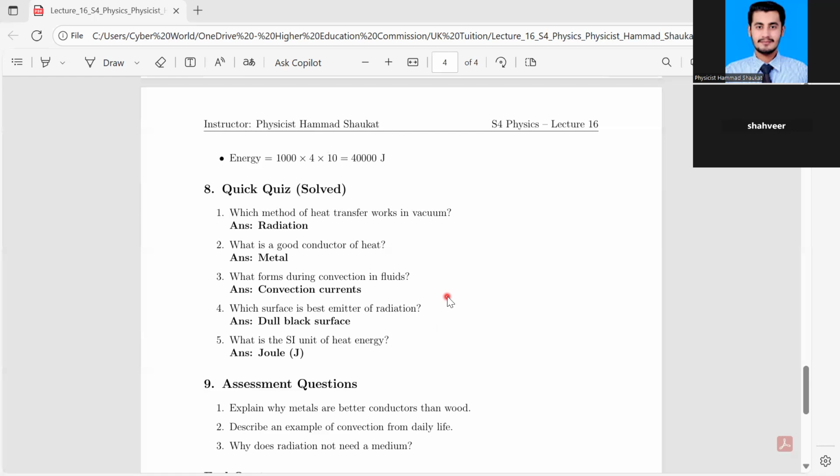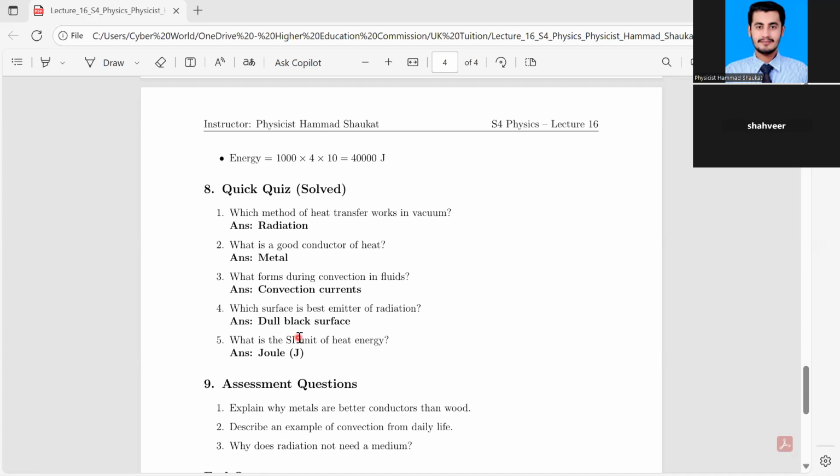It means black color will absorb more radiation and white color will reflect more radiation, because black color is a good emitter and white color is a good reflector. That's why in summer days we wear light colors to reflect the light coming from the sun, and in winters we wear dark colors to absorb some amount of radiation coming from the sun to warm our body up.